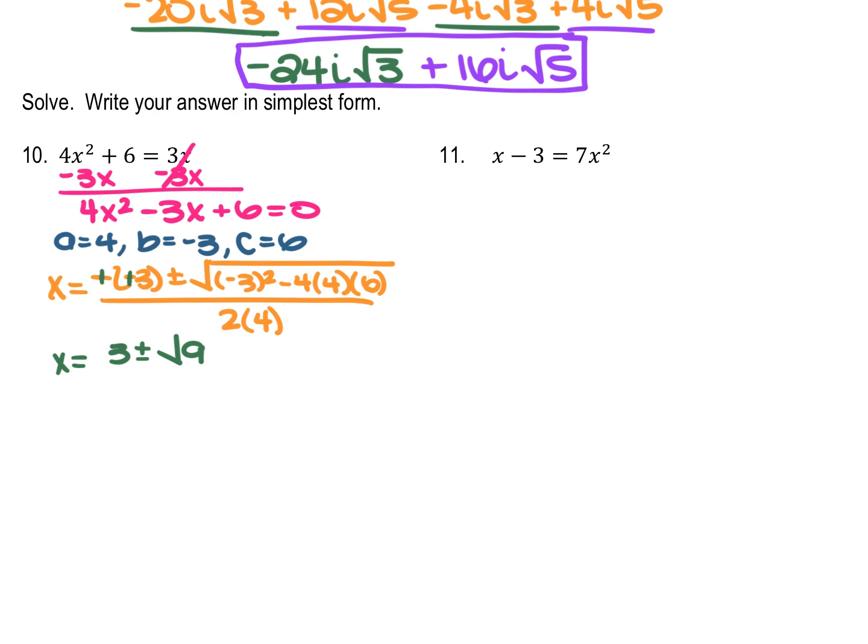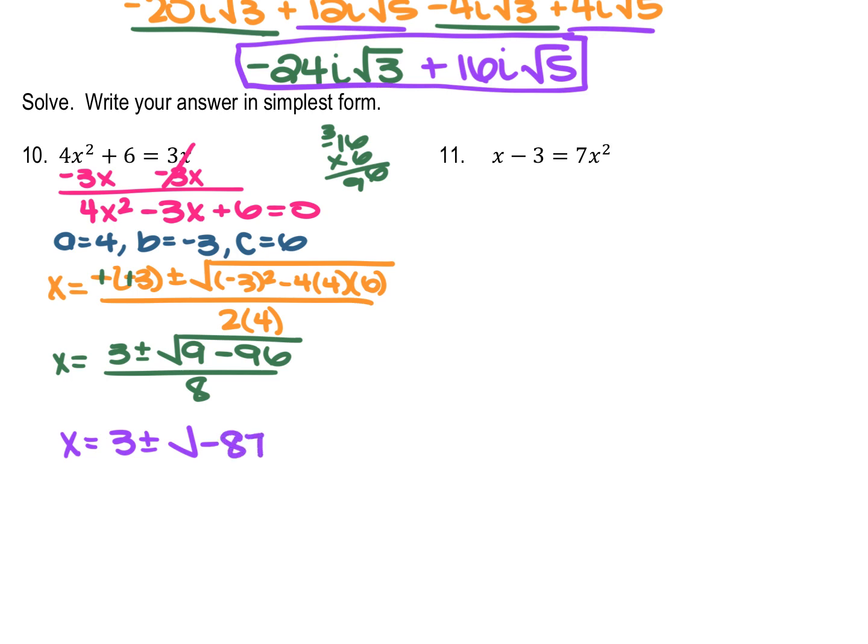So -16 times 6 is what you'll do, which gives you -96, and then 9. So that's going to be giving you a -87. And this is all over 8. So from here, this gives you 3 plus or minus the square root of -87 all over 8.